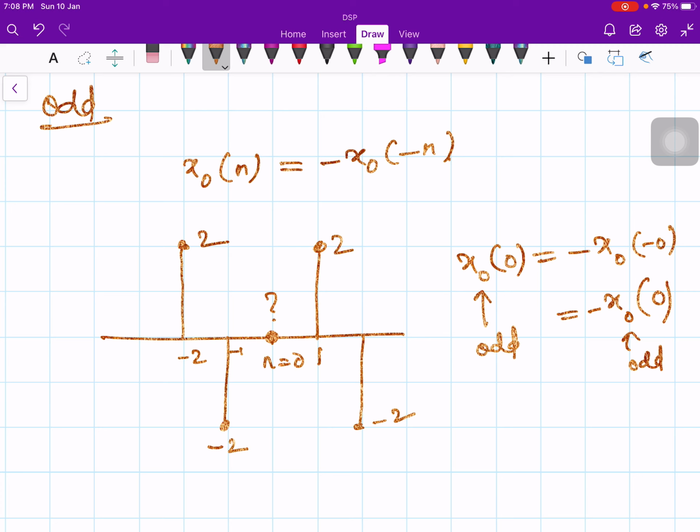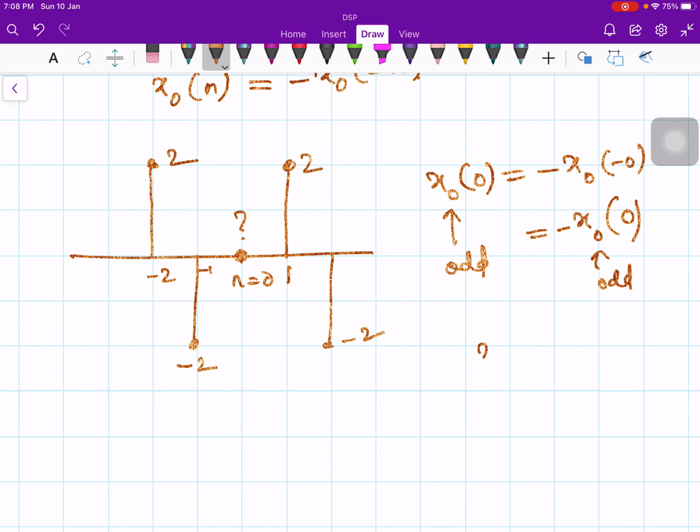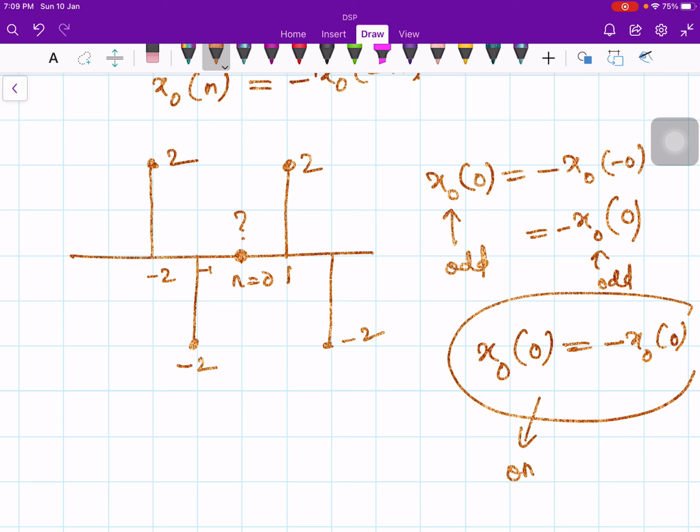Okay, now no nonzero value will satisfy this condition. x o of 0 is the same as minus x o of 0. Which value will satisfy this condition? Only 0 satisfies. No other value satisfies. So by looking at the signal, simply you can tell whether the signal is an odd signal or not.